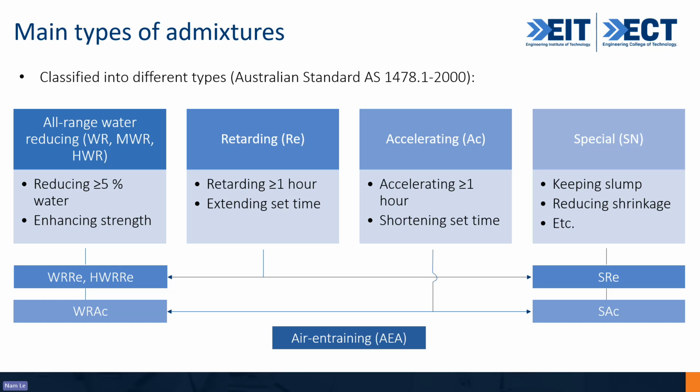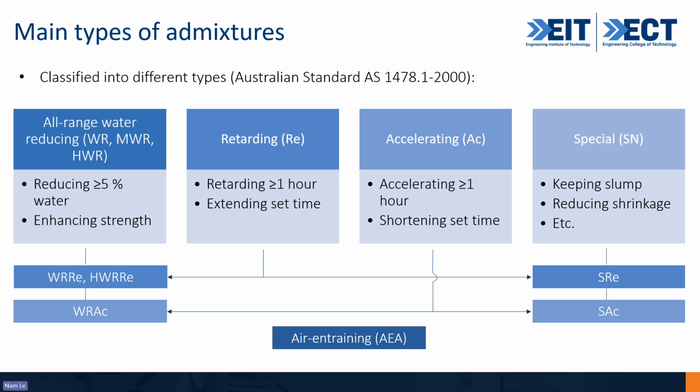And we have air entraining admixtures when we want to introduce air entrainment to the concrete, right? Also we can have combinations of different types, and then we have additional ones. Like here we have water reducing and retarding. It means we have a retarding effect and a water reducing effect, and then we have this type of admixture.